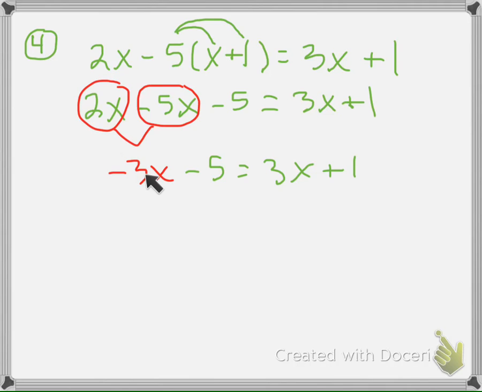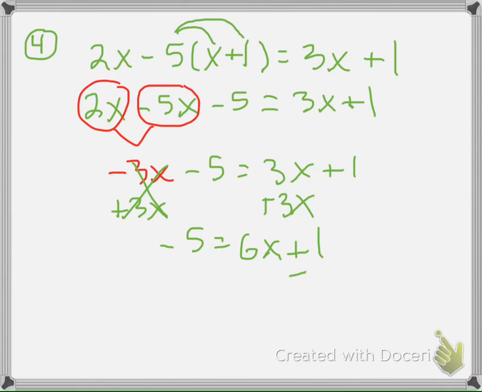I can either add 3x to both sides or subtract 3x on both sides. I don't like dealing with negatives, so I'm going to add 3x to get rid of this one and add 3x here. So I'm left with negative 5 equals 6x, that's messy, 6x plus 1.